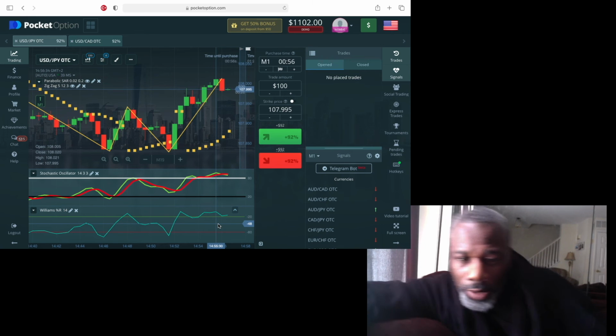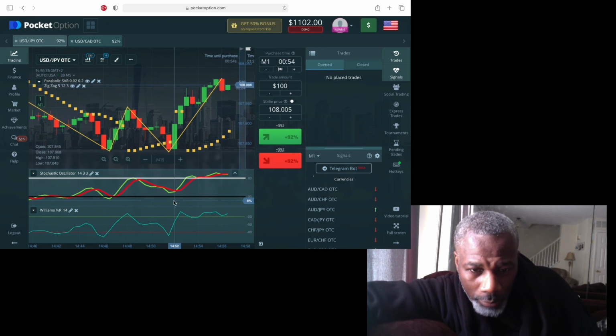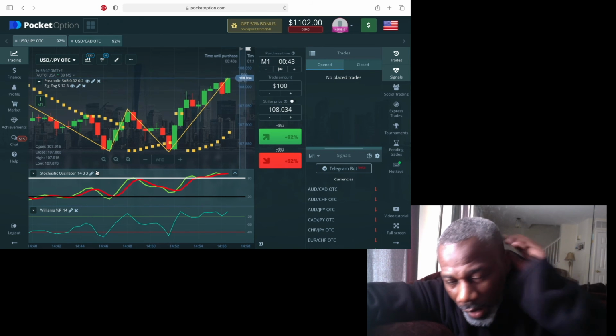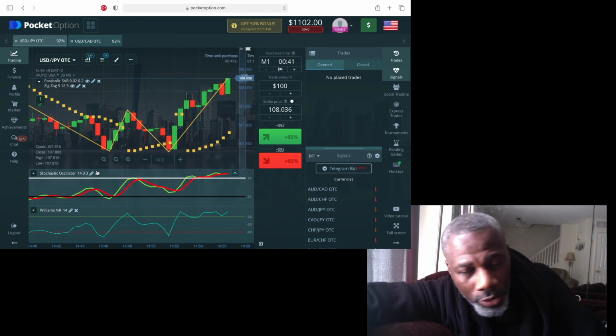Okay, so these are the indicators that I'm using right now. I use different indicators, but I've been back testing different indicators to understand what each indicator does. I don't know all the indicators and don't know all the settings.